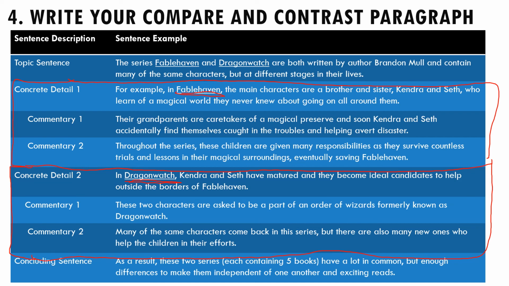We're not writing a summary. We are writing a compare and contrast paragraph. So we need to make sure that we talk about how these 2 stories are similar and how these 2 stories are different. So the block structure or the point-by-point structure are just ways to do that. But once again, we've got both how they're similar and how they're different in this example.